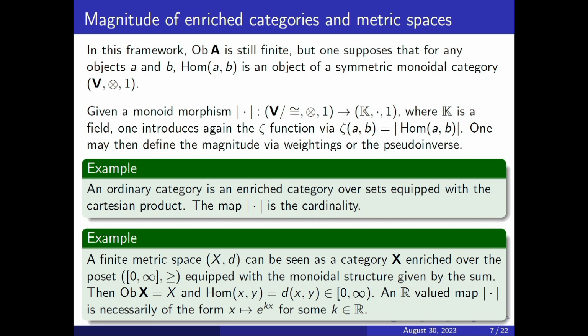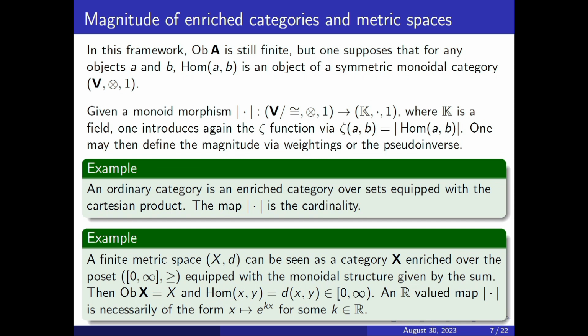So of course, a first example is an ordinary category, which is just enriched over sets, and this map is just the cardinality, and what you find is just the thing that I presented before. But you can also regard a metric space as an enriched category. Well, I won't enter into the details, but what you will find is what is called the magnitude of a metric space.